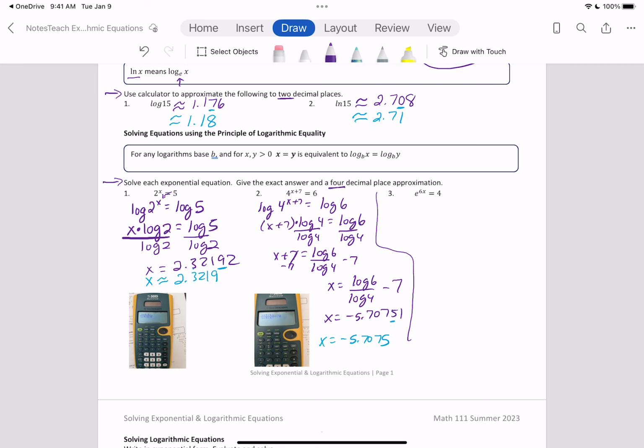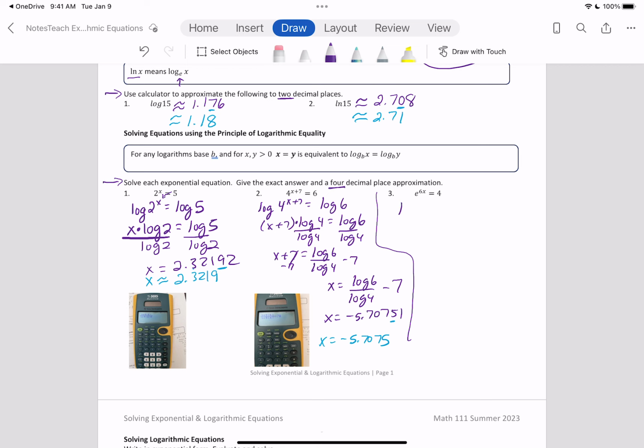All right, the last one, this is something we haven't seen until now. It says e to the 6x is equal to 4. So this e isn't a variable like x or y or a. That's that defined e that we talked about. It's Euler's number. So for this one, we're not going to log both sides.